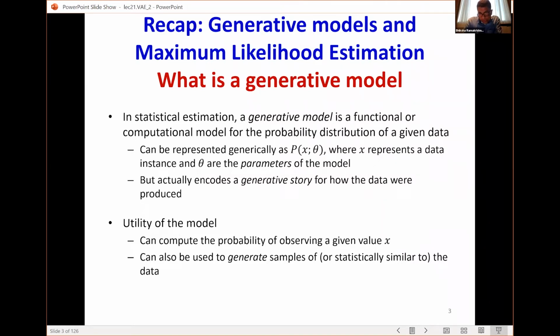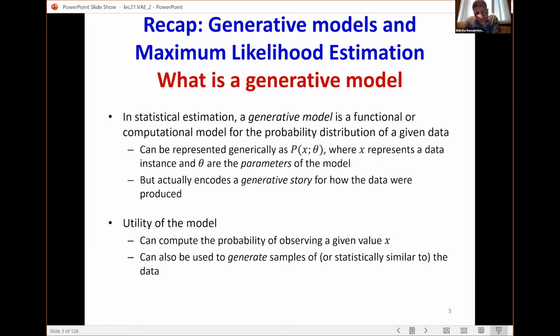In statistical estimation, a generative model is a functional or computational model for the probability distribution of a given data. This can be represented generically as P of x semicolon theta, where x represents a data instance and theta are the parameters of the model. But this model actually encodes a generative story for how the data were produced.